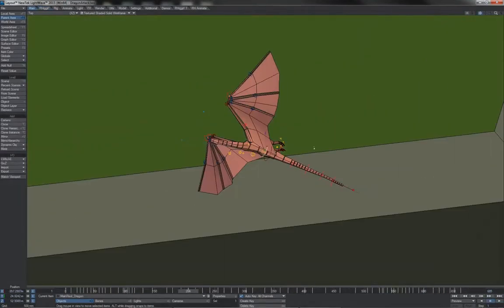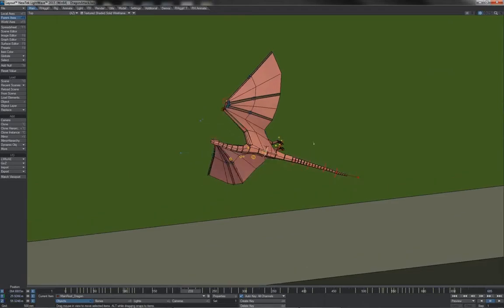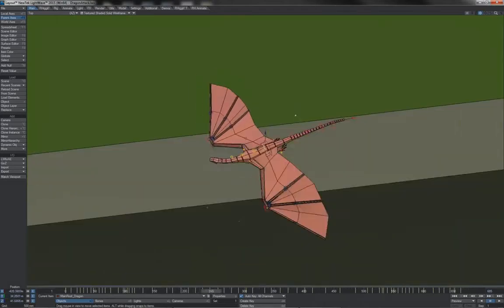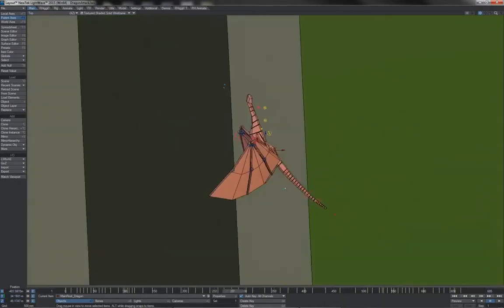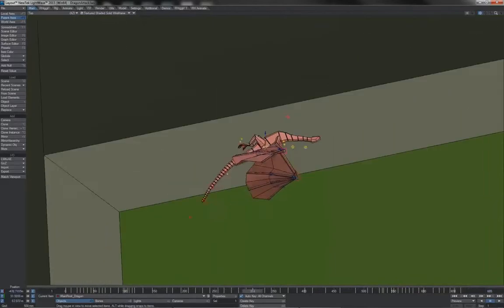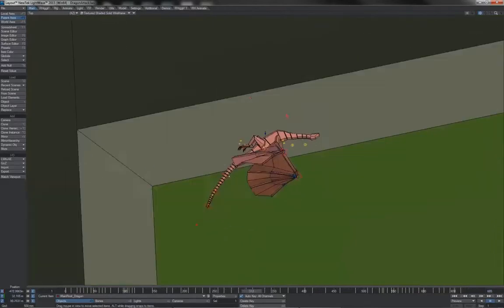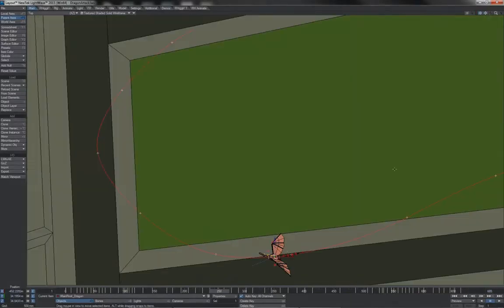And this also holds true in other situations. For instance, here, we've got this dragon flying around, and of course he takes this corner here, but what he can't do is just turn a corner instantaneously. Once again, we're feeding back into yet another principle, which is the notion of slow in and slow out.